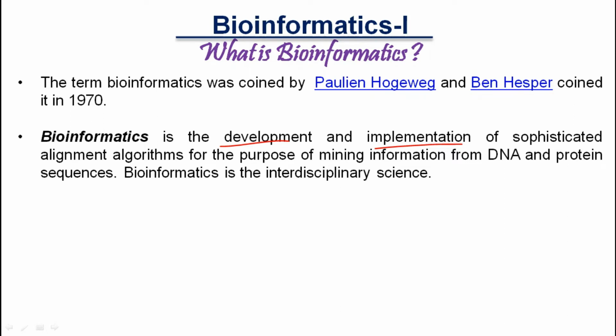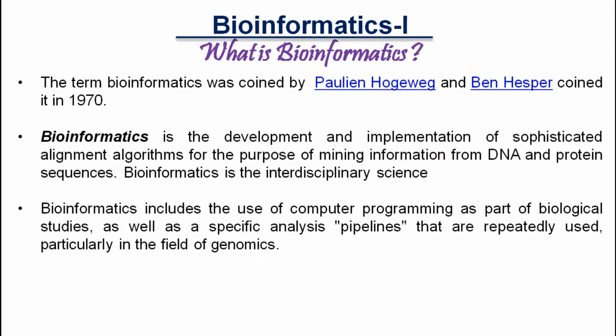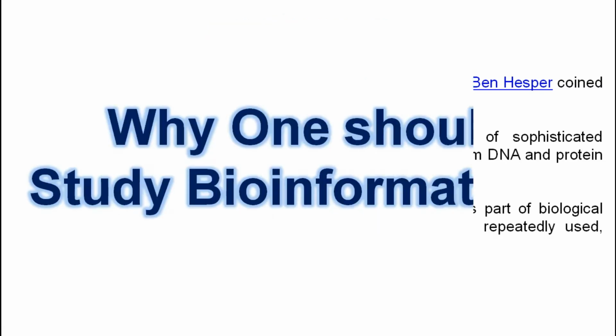Basically, it is an interdisciplinary science which uses the techniques of computer science, statistics, math, and biology to give solutions toward our biological problems. Bioinformatics usually includes computer programming as a part of biological studies, as well as specific analysis pipelines that are repeatedly used in particular fields of genomics.